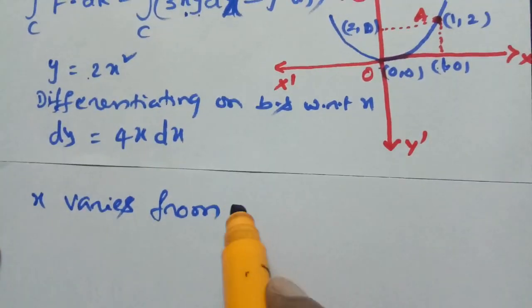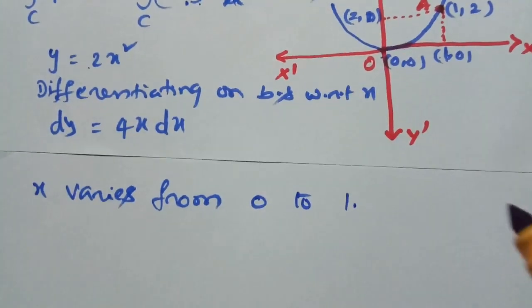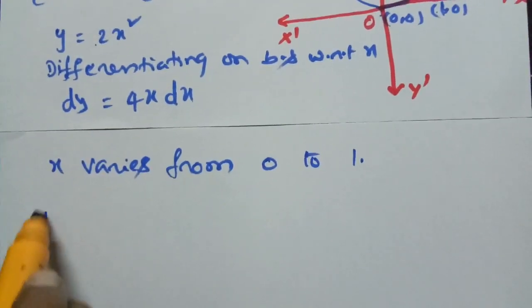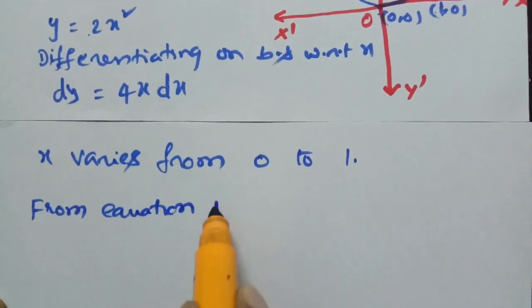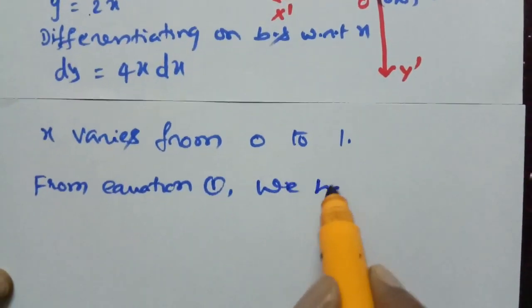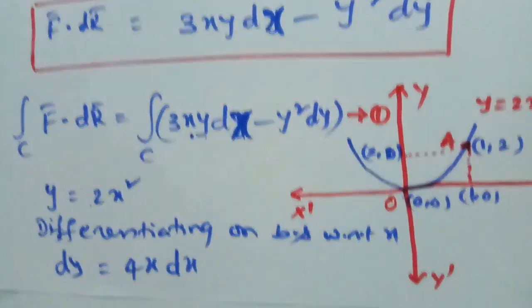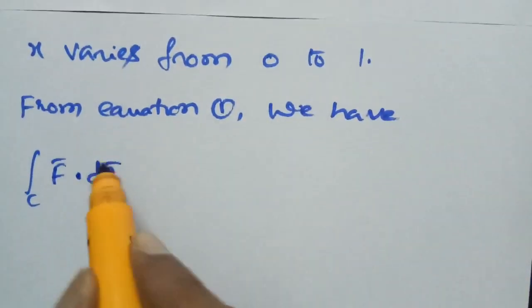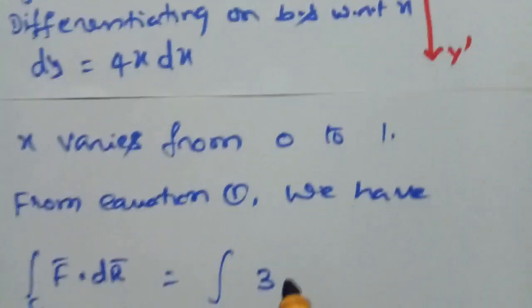Therefore, from equation 1, the integral over C of f bar dot dr bar is equal to the integral of 3 into x into y.